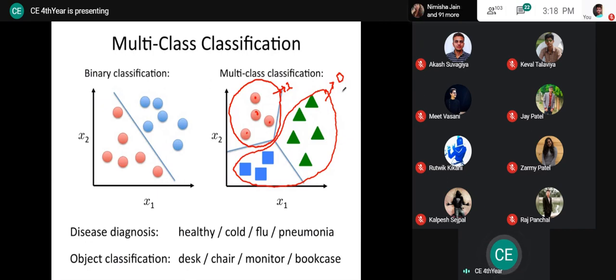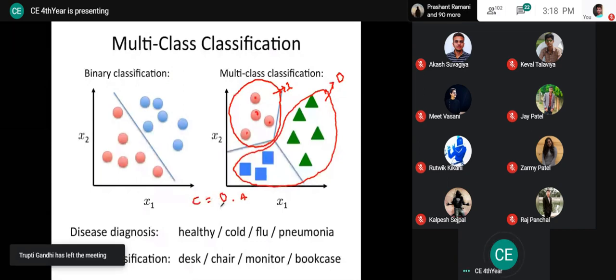You can perform the binary classification and you can predict the result. Fine. And you will get some probability value. Right? Whatever the hypothesis result is, let's say you are getting a hypothesis result of 0.4. So this is for the circle. Right.